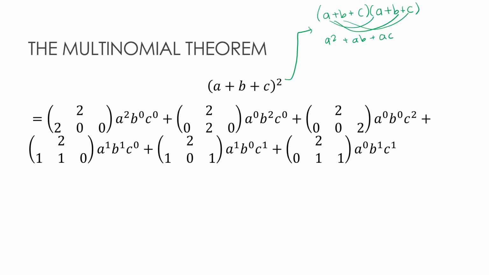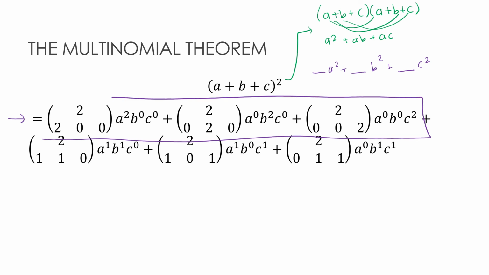So this would be our first line of work, and don't freak out yet, because here's what all of this means. I know that I'm going to have some value a squared, and then some value b squared, and then some value c squared. That's this first row. And where do I get the numbers?